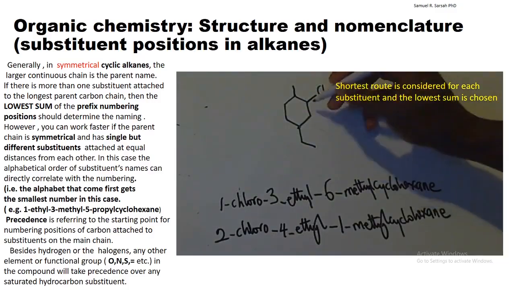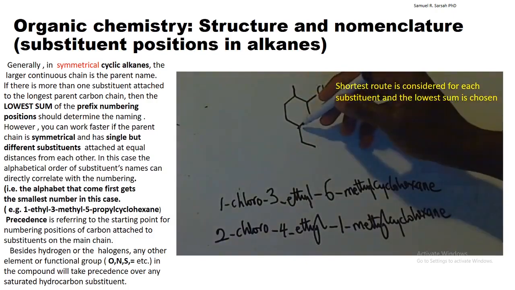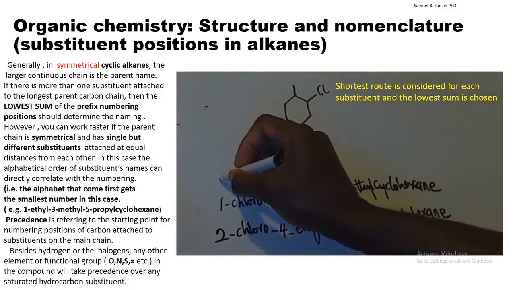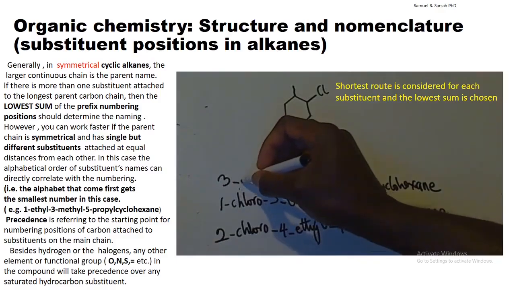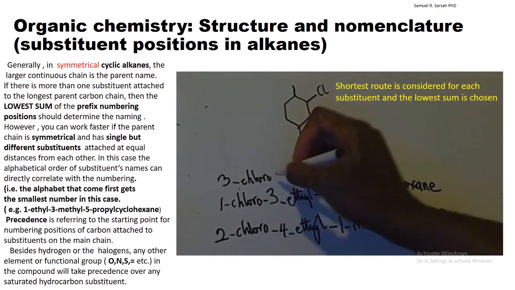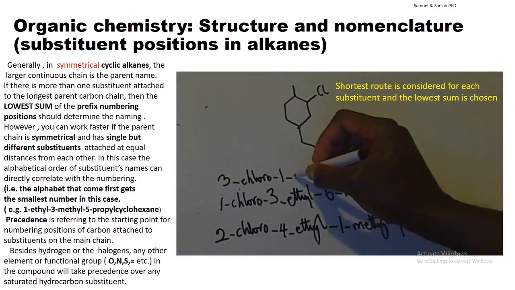So the chlorine will become a carbon number 3. This will be carbon number 4. This will be carbon number 1. 3-chloro, 1-ethyl.